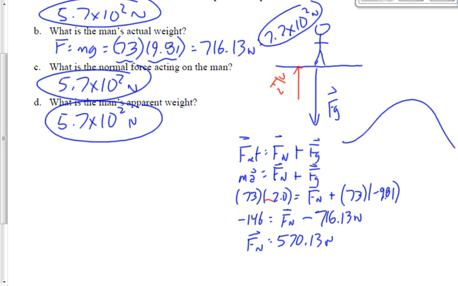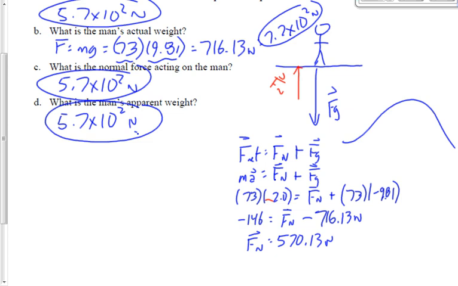Why? Because you're accelerating downward. As you accelerate downward, you are lighter. You feel lighter than you really are. Okay, that's why your stomach goes into your throat. That's what's happening here. He is 7.2 times 10 to the 2 newtons heavy. He feels 5.7 times 10 to the 2 newtons heavy.